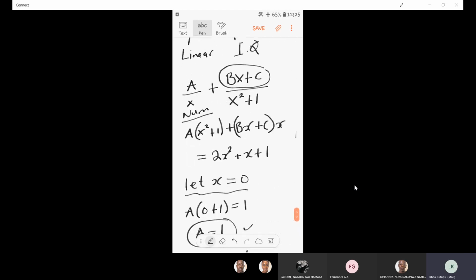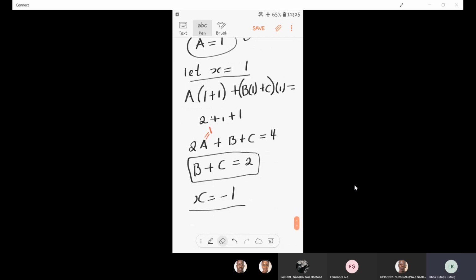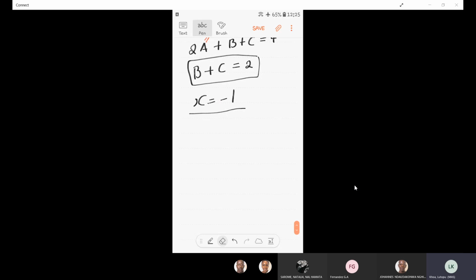I'm here. I'm going to substitute. Here I will just have 1 plus 1, so it's 2a. Then I have minus b plus c times minus 1, and then here I'll have positive 1 times 2, and then here I have minus 1. So you just do the substitution the way we always do.